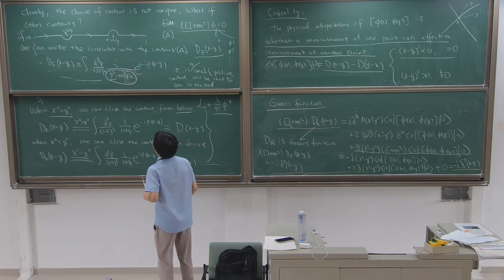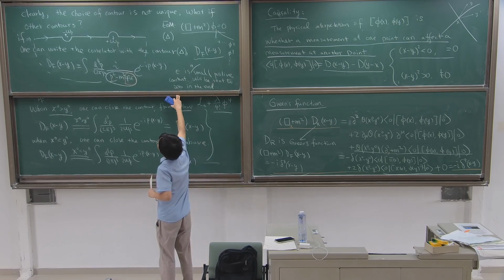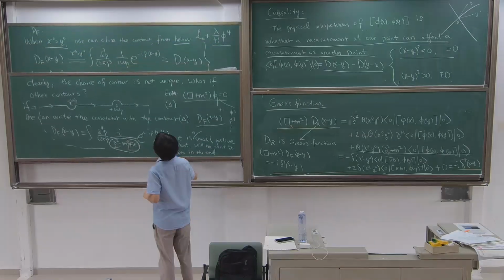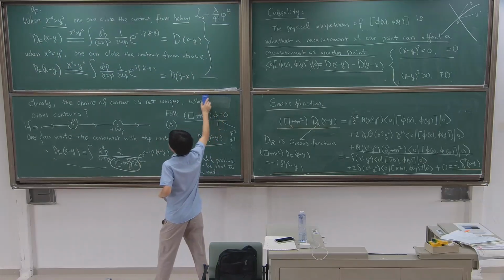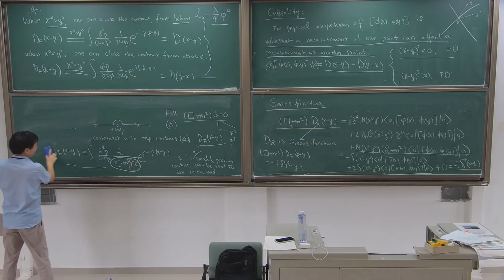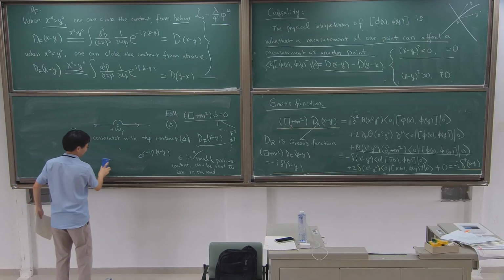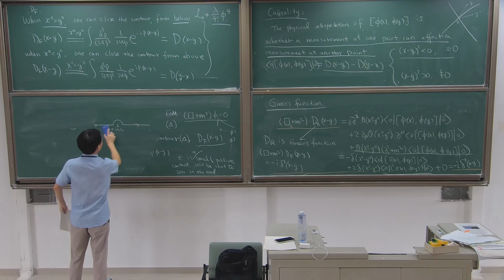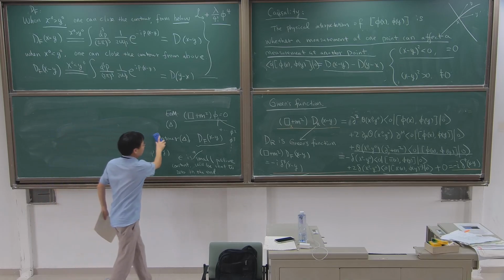Now, what is the physical way to deal with an interacting theory? If you are a naive person, you may just try to follow what we did for the free theory, right?